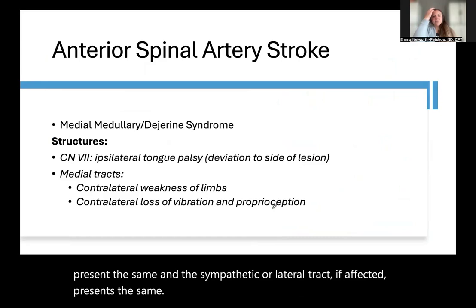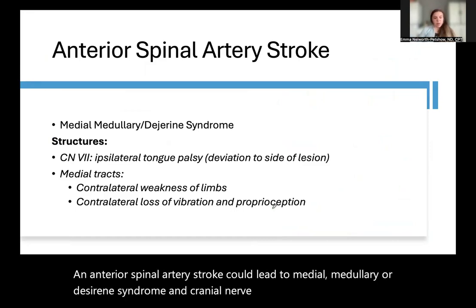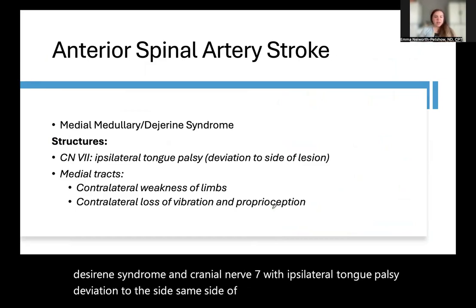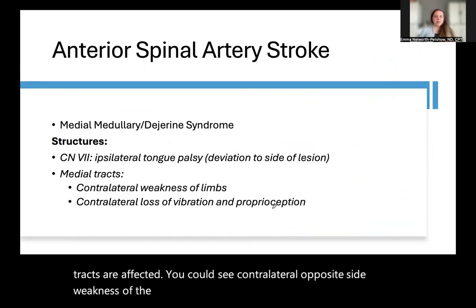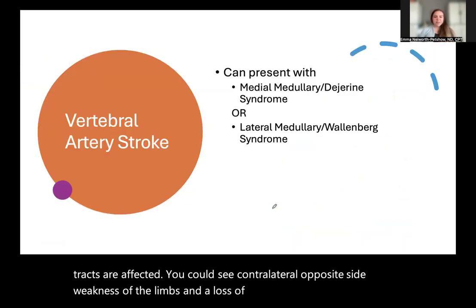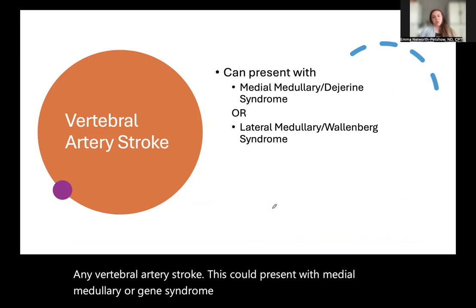An anterior spinal artery stroke could lead to medial medullary or Dejerine syndrome and cranial nerve 12 with ipsilateral tongue palsy, deviation to the same side of the lesion, can occur. If medial tracts are affected, you could see contralateral, opposite side weakness of the limbs and a loss of vibration or proprioception.